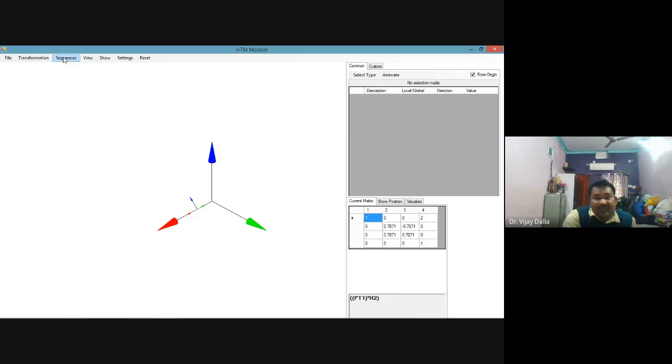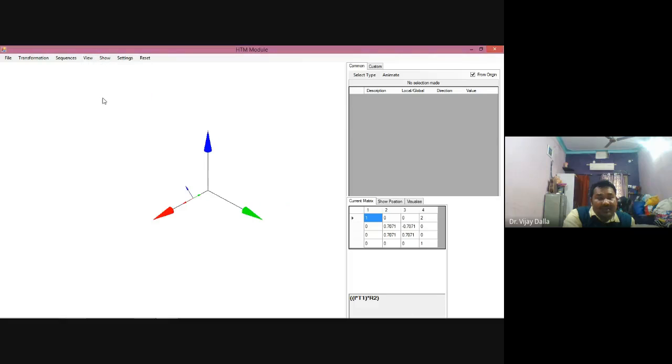Now what are the sequences? This is the isometric view. Also we can see the XY plane, where Z got removed. If we want to see that movement in the XY plane or XZ plane, how will it look.